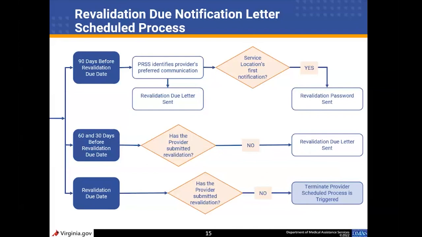What I want you to notice here is the only time that they are going to receive the revalidation password in that separate letter or email is that first contact, which is at 90 days prior to the due date. When the due date has passed and a provider has not submitted a revalidation, the terminate provider scheduled process is triggered.